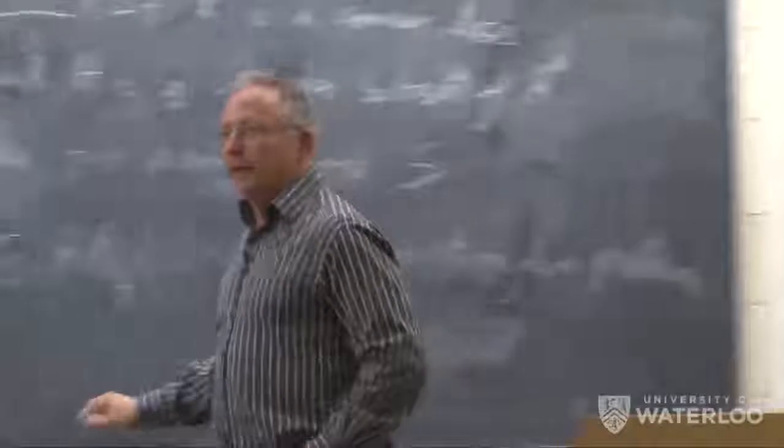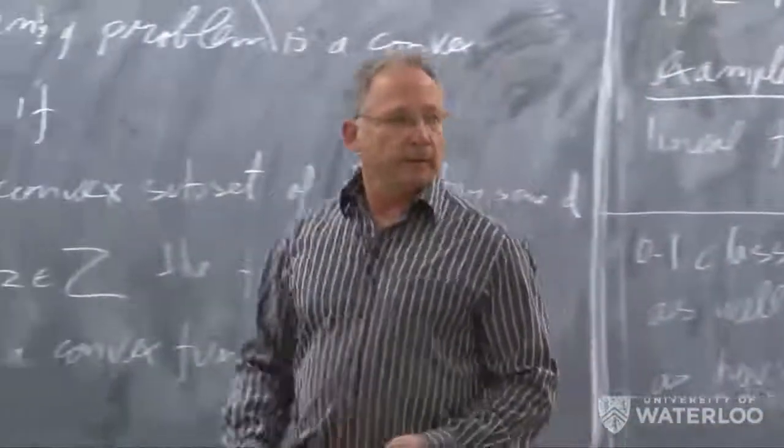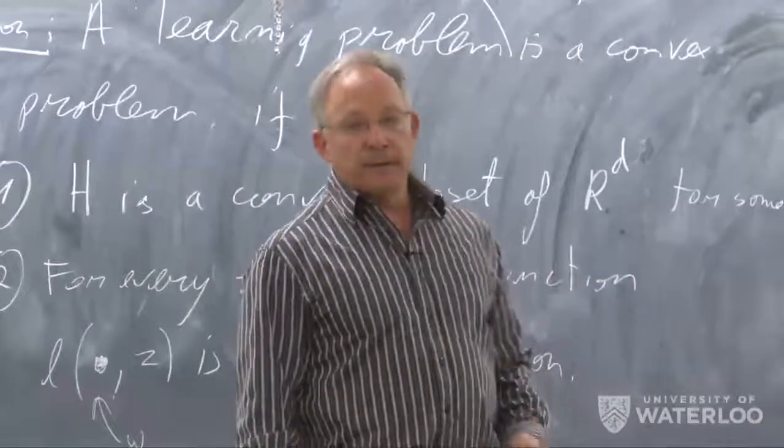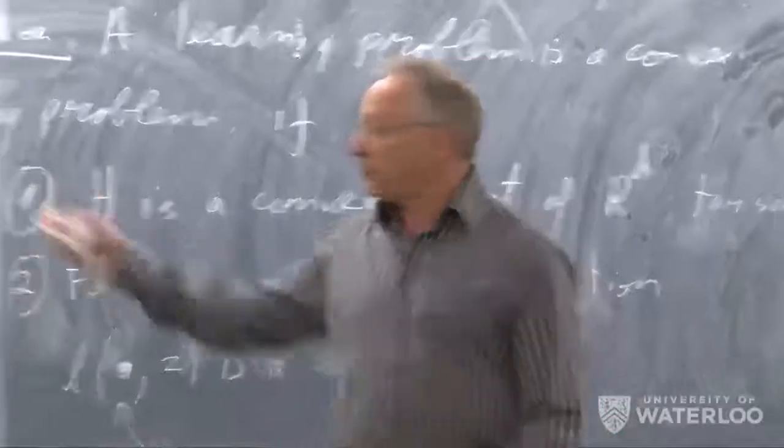So here we connect our learning to convex optimization. The task of finding the minimizer of the empirical risk is a convex optimization problem.